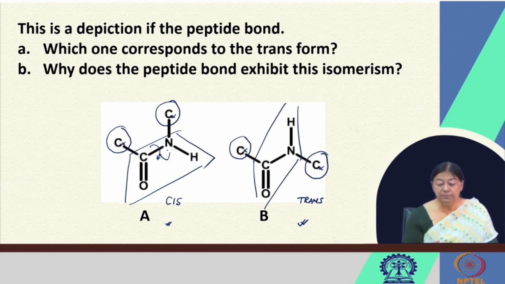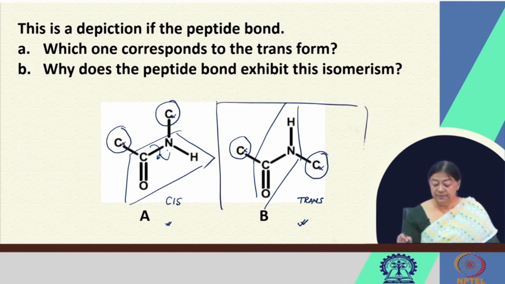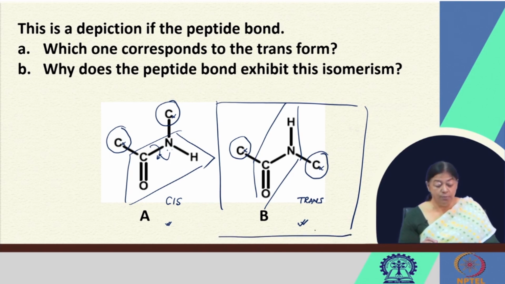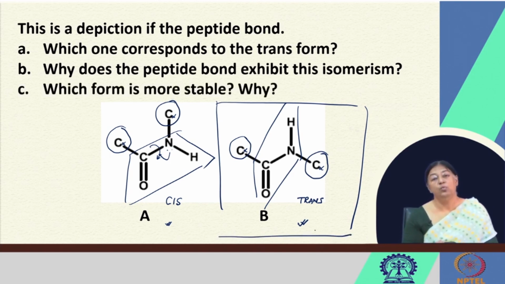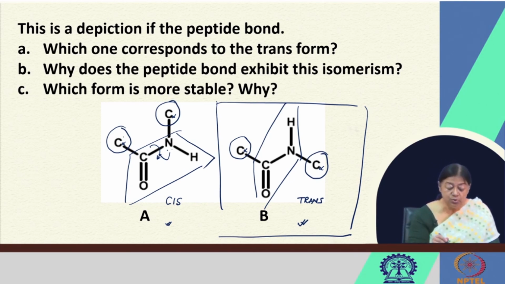So, the peptide bond can exhibit this cis to trans isomerism, but nevertheless, we know that this form is more stable, and why is that? Is because of the side chain characteristics. We know that to this C alpha, we are going to now have the C beta or the rest of the side chains present.